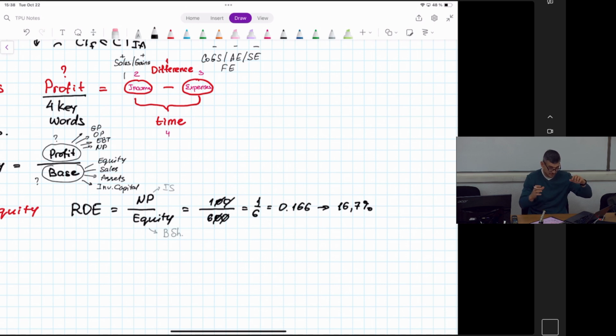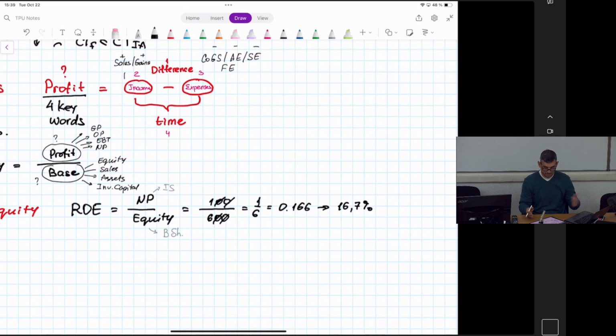It's like you open a deposit in a bank, and the bank says, okay, we'll give you 18%. And so you get 18% after 1 year. Because here we have a 1 year period of analysis, because net profit is for 1 year. So 16.7% is like the interest on your deposit.